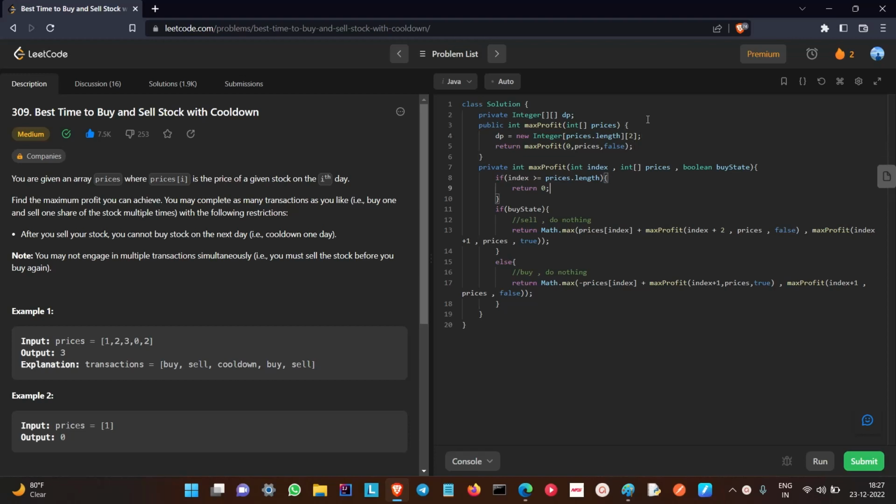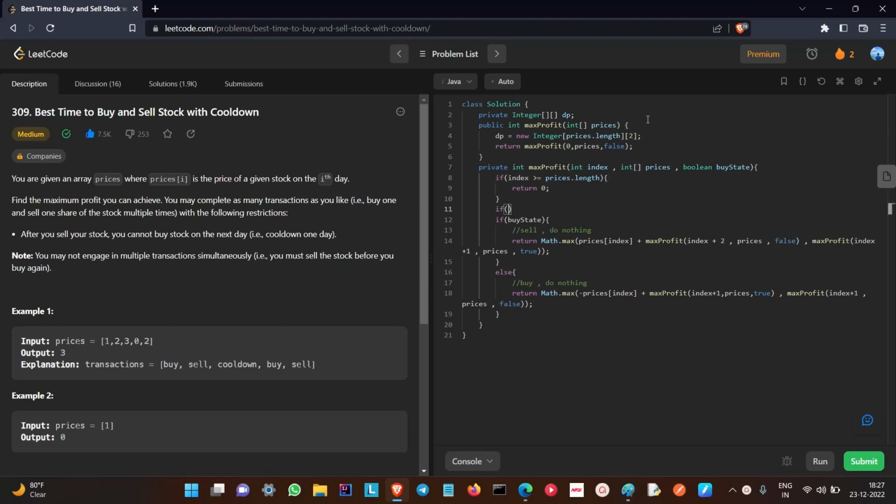And if we have previously computed the same value of the function call, dp of current day, and the buy will represent buy state true in the index 0 and false in the index 1. So if the buy state is true or false, we don't bother.